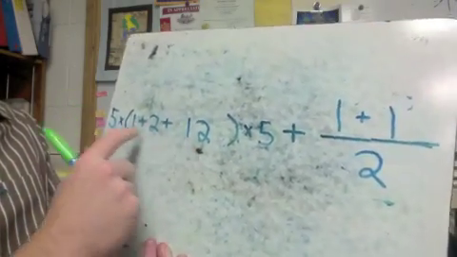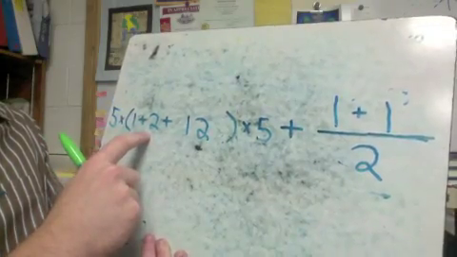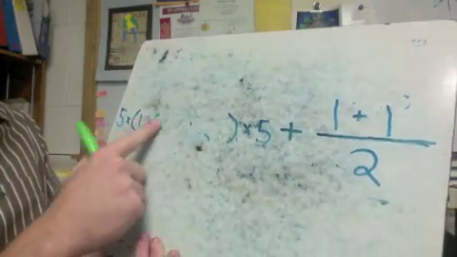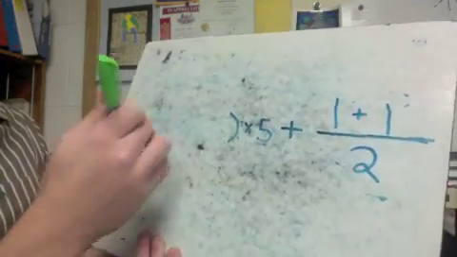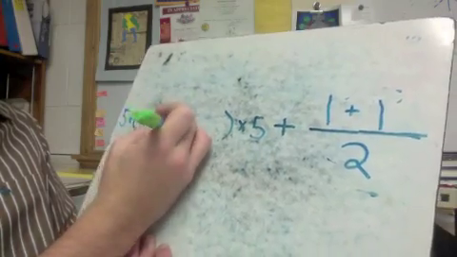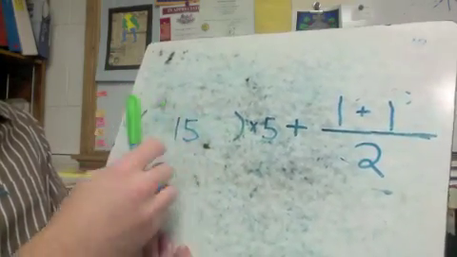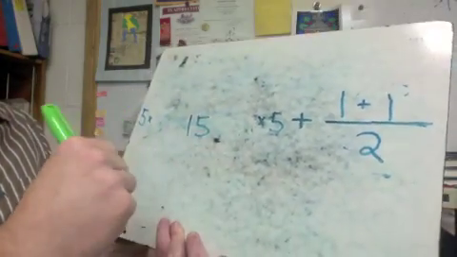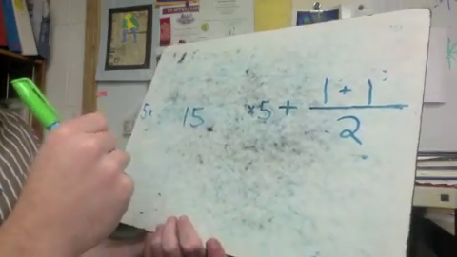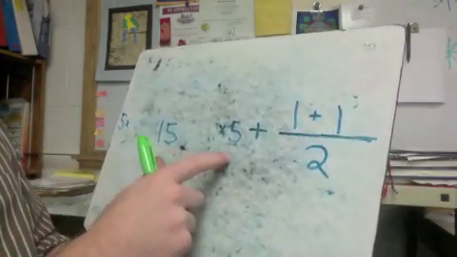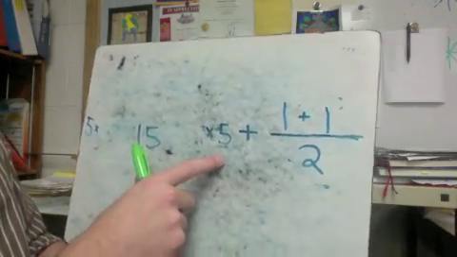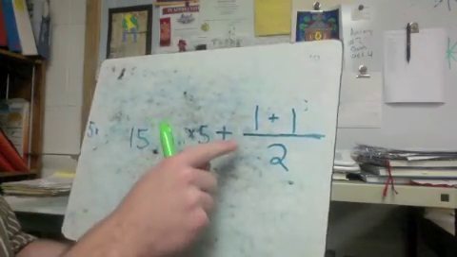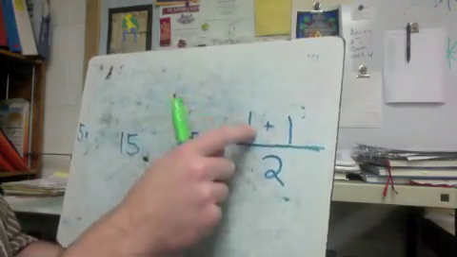Now we just have adding. So 1 plus 2 is 3. 3 plus 12 is going to be 15. If I've only got one number in my parentheses, that really doesn't make any difference at all. I can just lose the parentheses if you want to. We can get this times done, knowing that we're not going to be able to add this over here until we simplify this down.